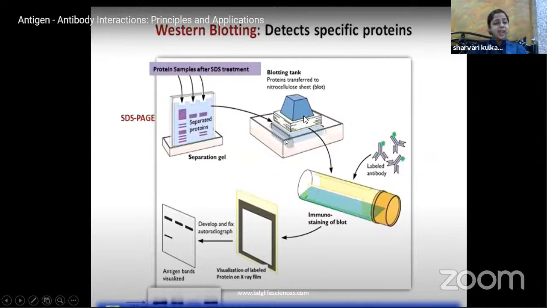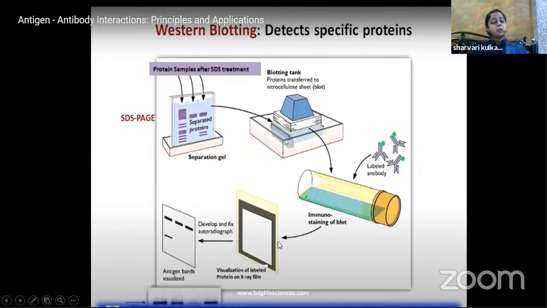Then you have the blotting tank where these proteins are transferred to a nitrocellulose sheet, and then they go for immunostaining. On this nitrocellulose membrane, you transfer your labeled antibody. This labeled antibody will go and bind to the antigen or proteins which are separated on the nitrocellulose membrane, and that leads to visualization.